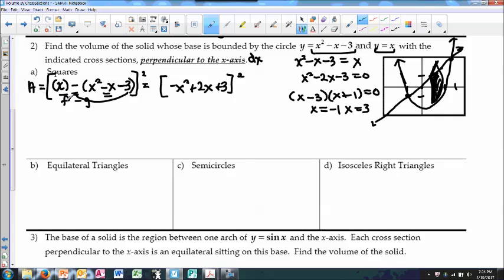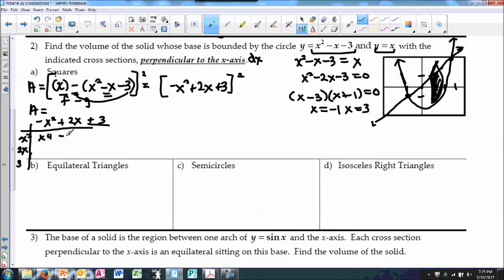So to find my area, in order to do this by hand, I have to FOIL this out. I prefer to use what I call the tic-tac-toe method, to create a table to distribute. So negative x squared times negative x squared is positive x to the 4th.